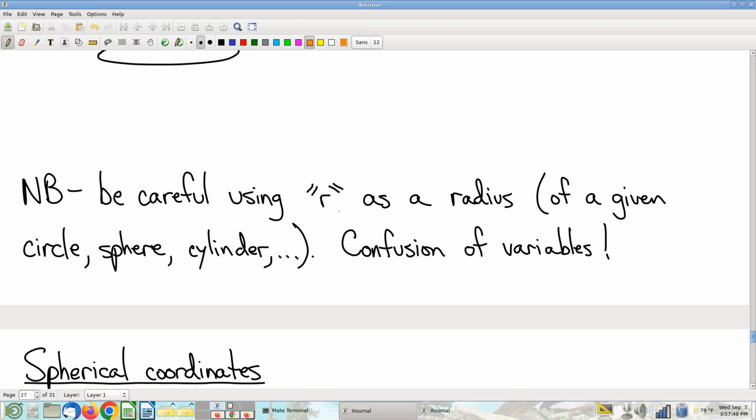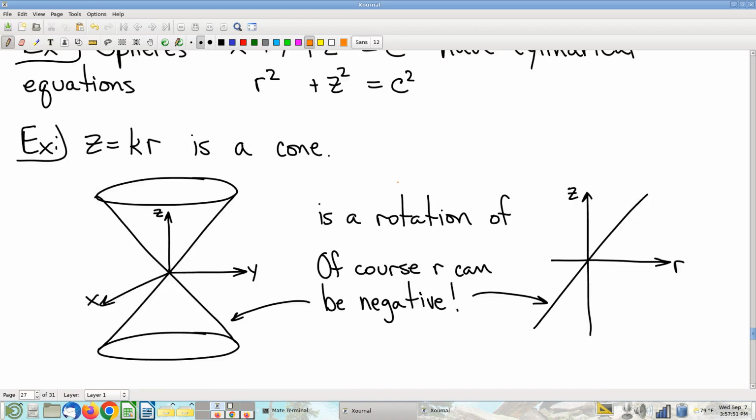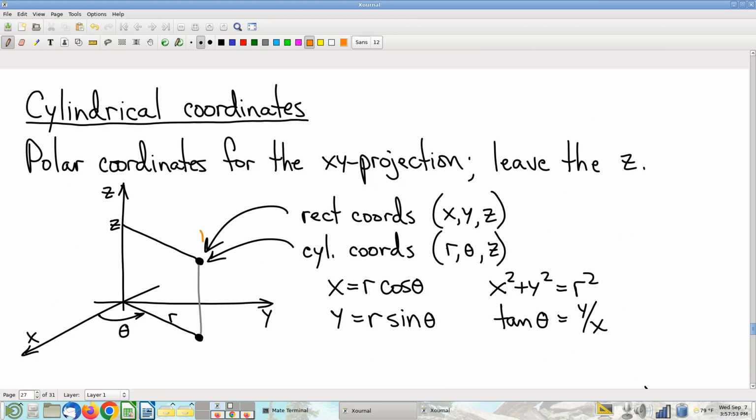But what I'm saying is, if you were to have, let's say, a sphere here, and you wanted to talk about the radius of that sphere, you can't call it r. Because looking at the point on the sphere, r is this distance. And you can't just set the constant blue distance there equal to the highly variable purple distance. It's just a confusion of variables. Is that satisfying?